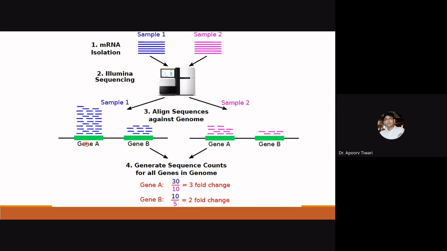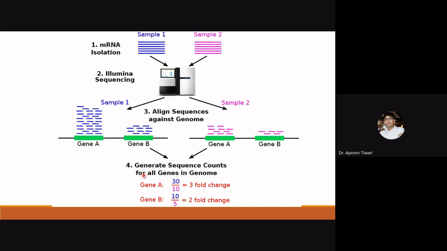Gene A of sample 1 has a total of 30 reads mapped at a particular location, and gene B has 10 reads mapped at the gene B location. In the same way, in sample 2, gene A has 10 reads, and gene B has 5 reads.